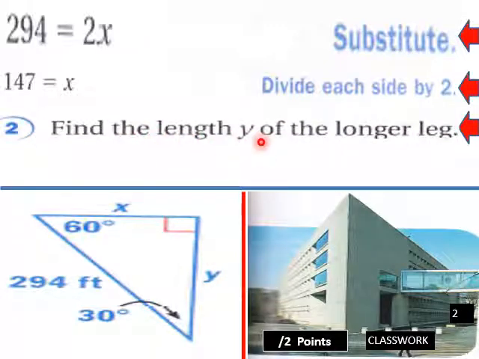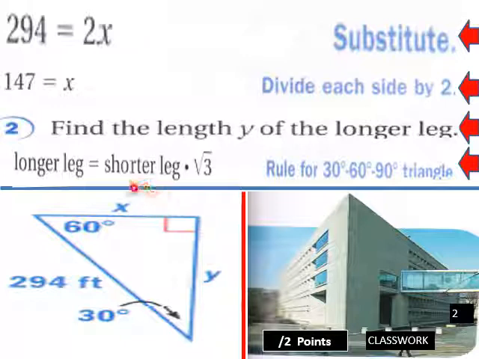Find the length y of the longer leg. So now we need to find y. We found x, which equals 147. The longer leg equals the shorter leg times square root of 3. So it'll be 147 times square root of 3 for y, the longer leg. Opposite our 60-degree angle is y.